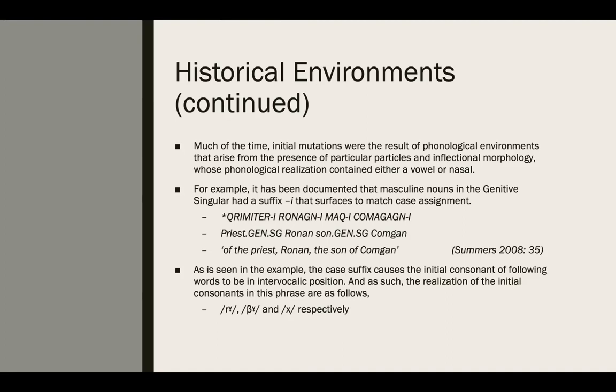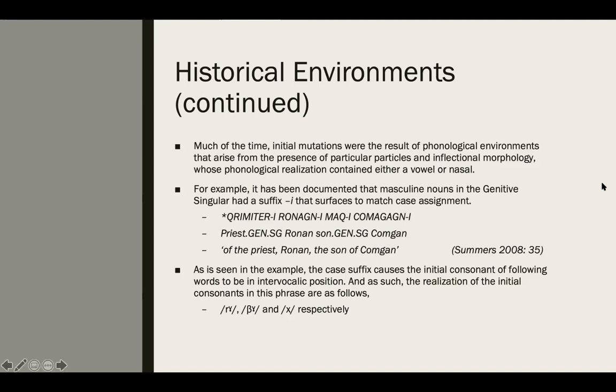For example, I have taken from Summers 2008 a reconstruction of a primitive Irish sentence that is in the genitive case, a phrase, not a sentence. The genitive marker, which is in this case the I, pronounced E or I, occurs at the end of each word in the phrase.